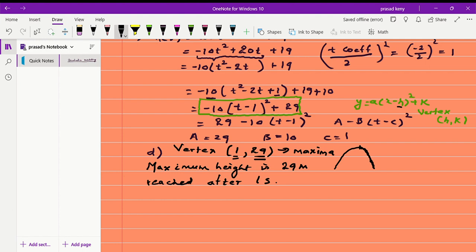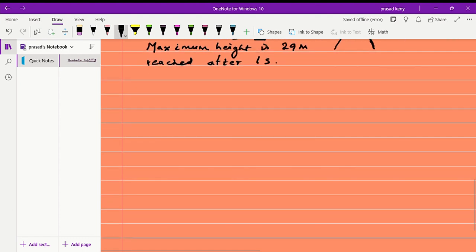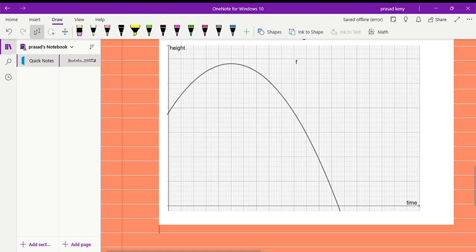So to make all these points clear, I will just put a graph here so that it will become more clear to you. So this is the quadratic graph.